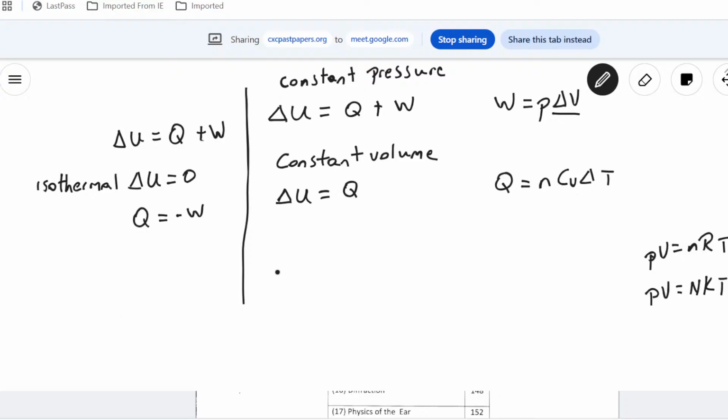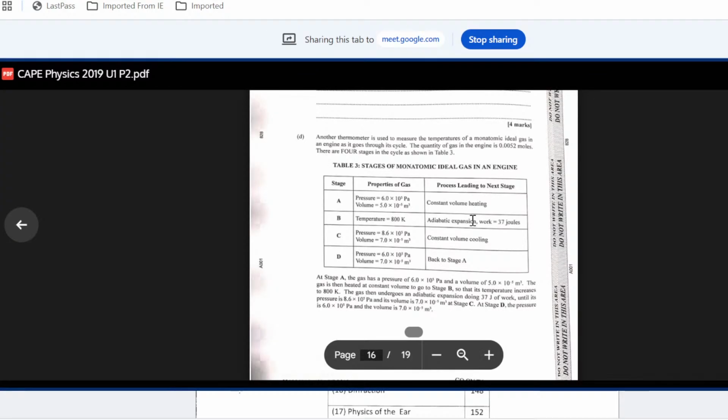Wouldn't it just be a straight line going up? Right. So the pressure will increase. If you're heating at constant volume, pressure is going to increase.